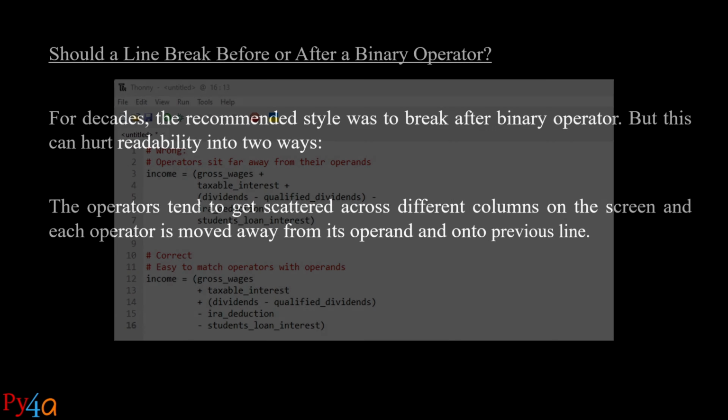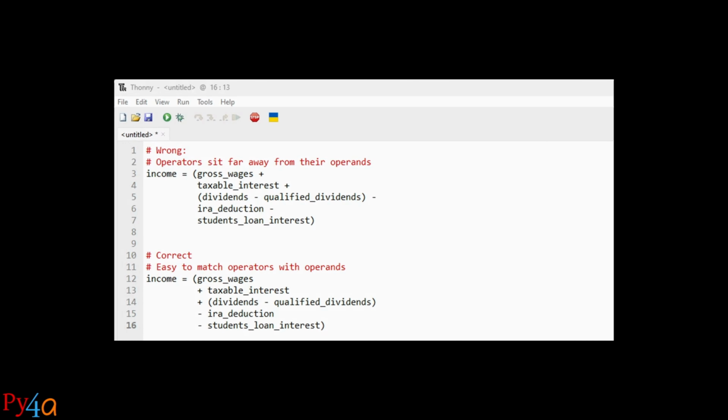Let's look at this example. The first example in this code snippet is the wrong way of doing it. Here you see income being gross wages plus taxable interest plus dividends minus qualified dividends minus IRA deduction minus student loan interest. You can see all of these statements have been broken after the binary operators, the addition and the subtraction.